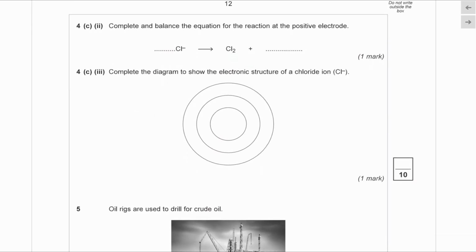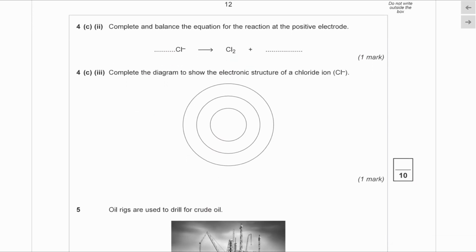C part 2, it says complete the balanced equation for the reaction at the positive electrode. Alright, well at the positive electrode, you're going to get chloride forming chlorine. The way it does that is it donates its electron, okay? So if a chloride ion donates its electron, it forms a chlorine atom.